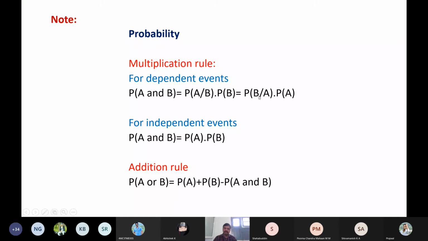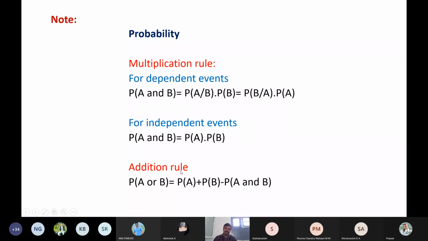Suppose B is dependent on A, then you have to write P of B by A into P of A. If two subproblems A and B are independent, then you can write P of A and B is equal to P of A into P of B.